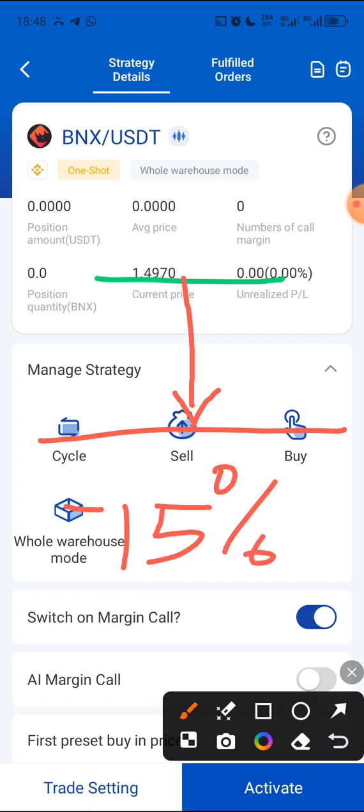So how are you going to distribute this into your preferred number of margin calls? It is the same procedure.